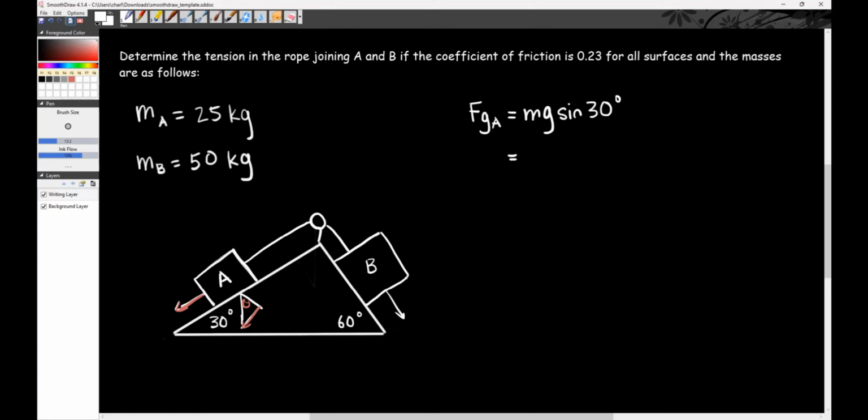So the mass of A is 25. G is always 9.8. And sine 30, that's actually a special trig angle, and it's always going to be 0.5. So let's see what that gives us. So I got 122.5 newtons. So this is the force of gravity on A.